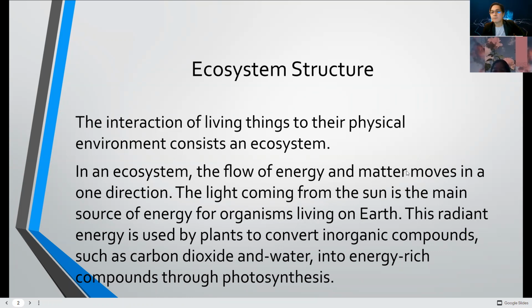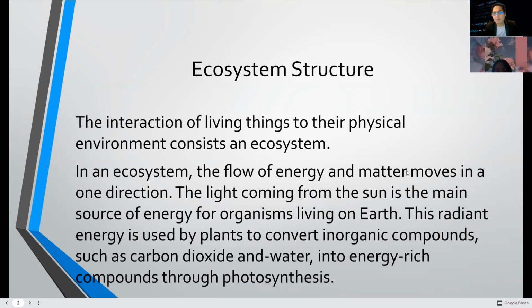That's the reason behind. This radiant energy is used by plants to convert inorganic compounds such as carbon dioxide and water into energy-rich compounds through photosynthesis. Okay, plants convert carbon dioxide and water into C6H12O6, or the simple glucose.